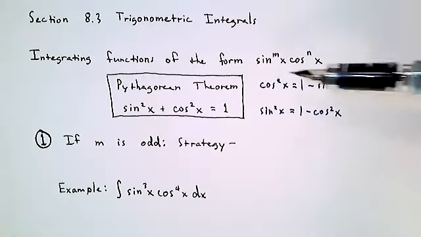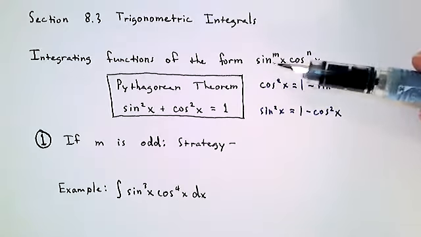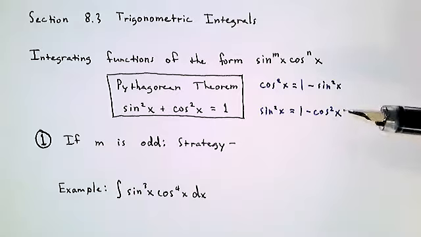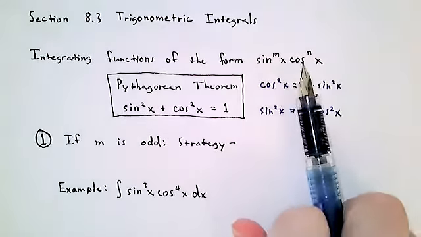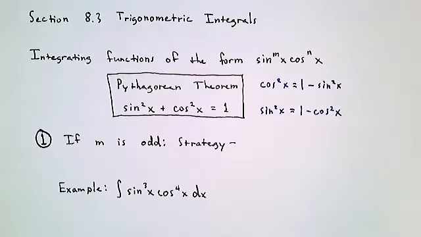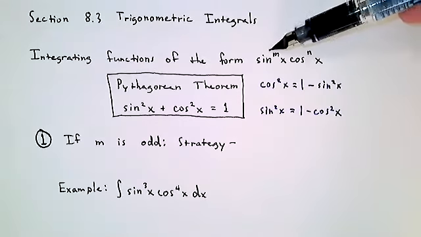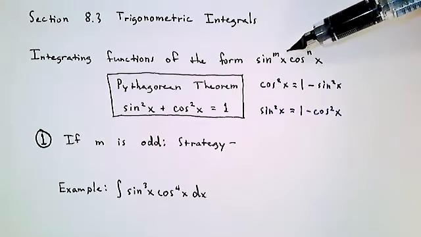So this formula is going to let us transform powers of one function into powers of the other function. But the particular way that we do it, the particular thing that we transform, is going to depend a little bit on the exponents that we look at. So this first problem is relating to the case where m, the exponent on sine, is odd.